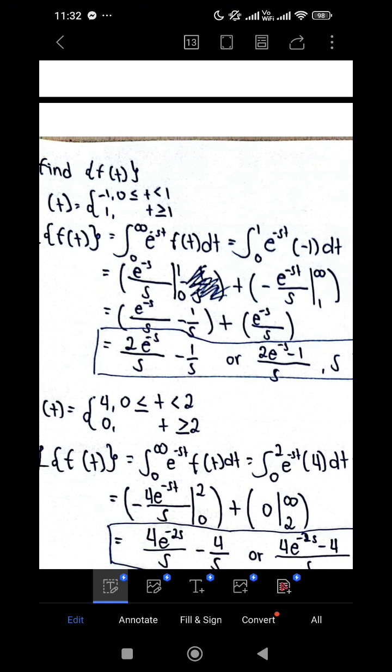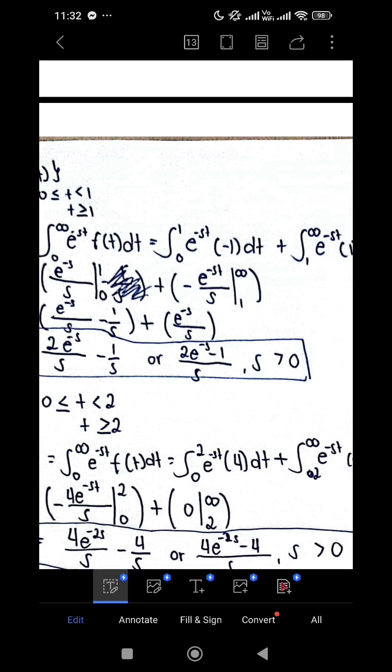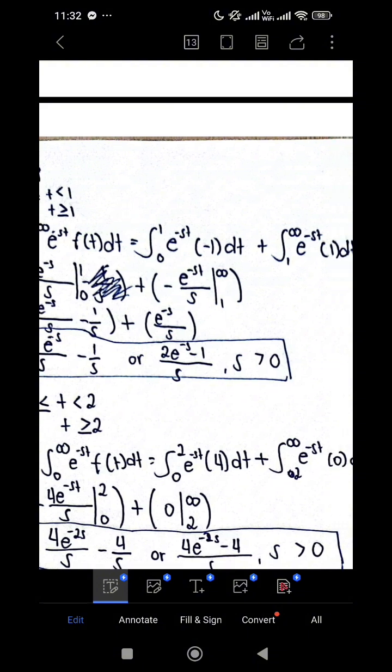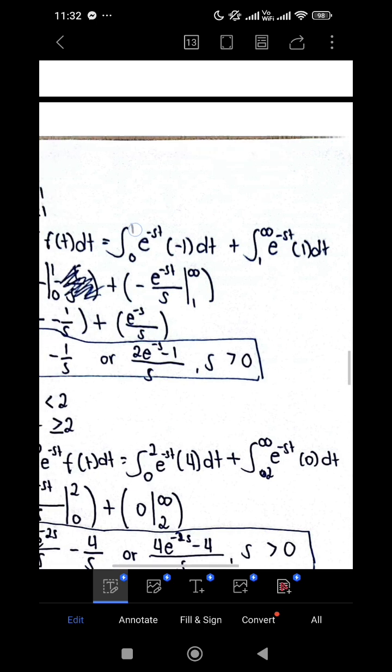So this integral of e raised to negative st times f(t) dt is equal to the integral with limits 0 to 1 of e raised to negative st times (negative 1) dt, plus the integral from 1 to infinity of e raised to negative st times 1 dt.